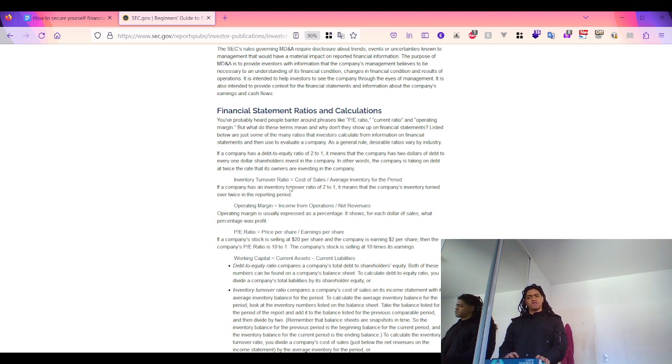If a company has an inventory turnover ratio of 2 to 1, meaning that it has more cost of sales than the average inventory, it means the company's inventory turns over twice in the reporting period.